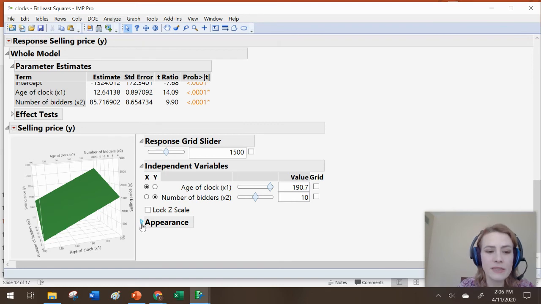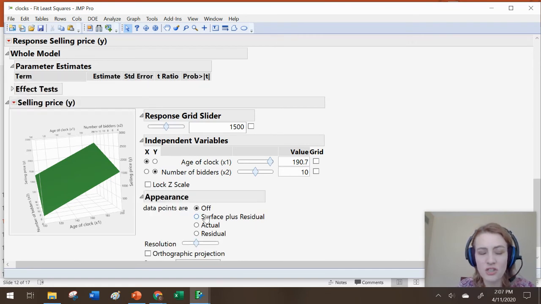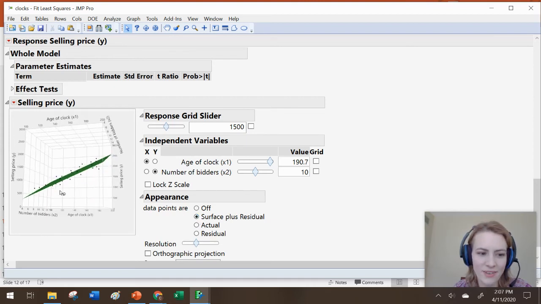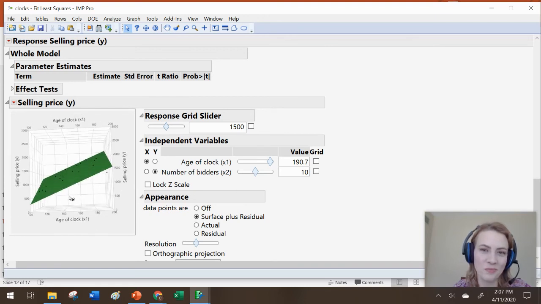Now, under Appearance, if you click on that little triangle, it'll open up some options. I'm going to click Surface plus Residual. Now, if you grab it and drag it, see those little dots? Those are our residuals.